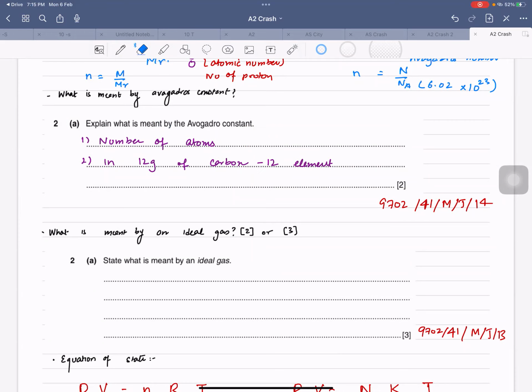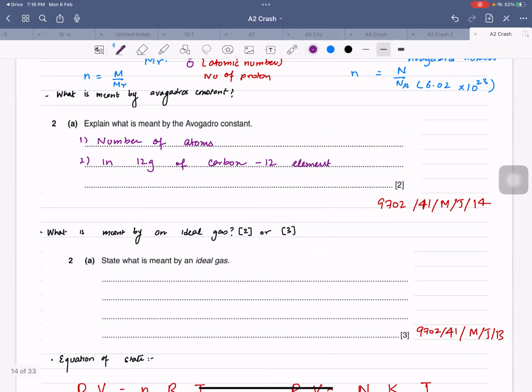Okay, so the ideal definition for this is that an ideal gas obeys the equation PV equals to constant. Okay, so this will give you 1 mark.